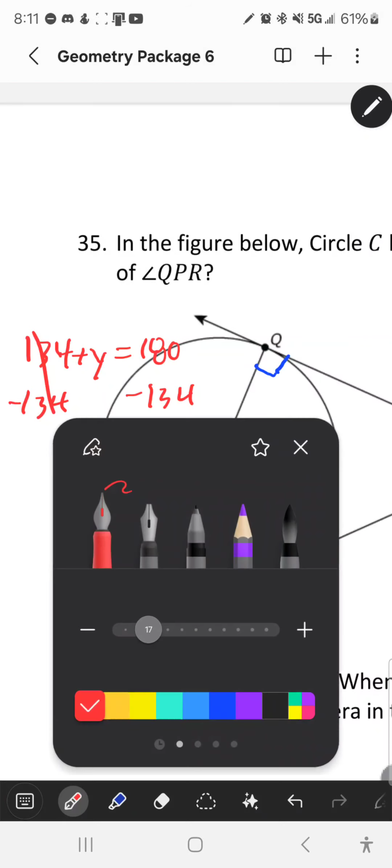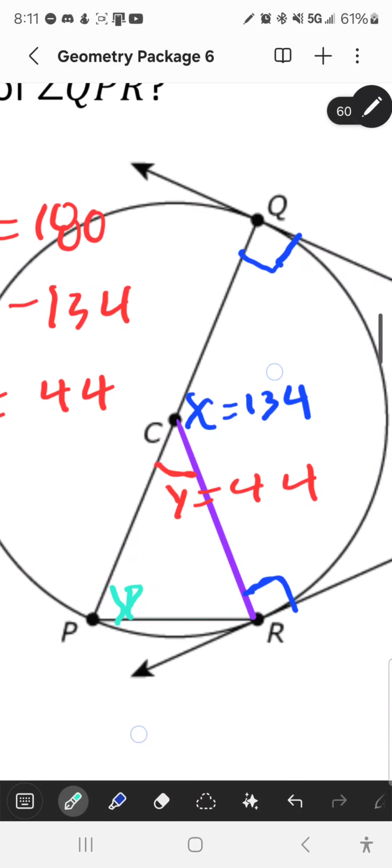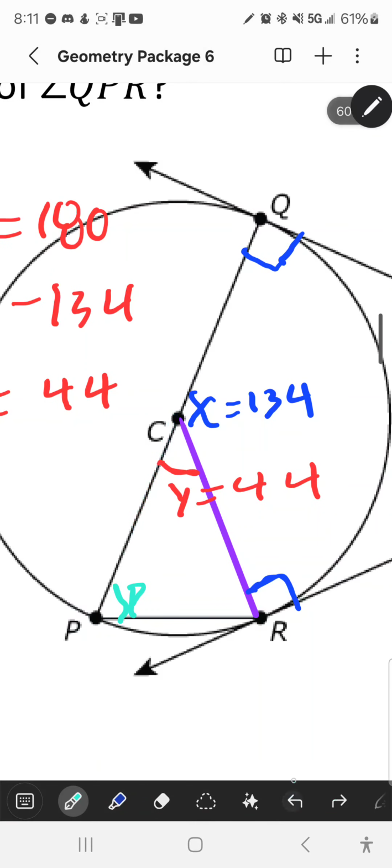And this is where it comes. We needed this angle. We're gonna go, oh wait, just angle P. We need angle P. Now, these two are the radius of the circle, and the radii of the circle are equal.